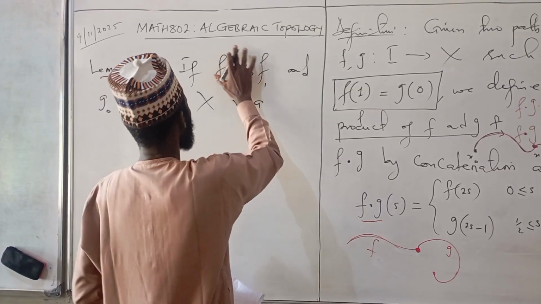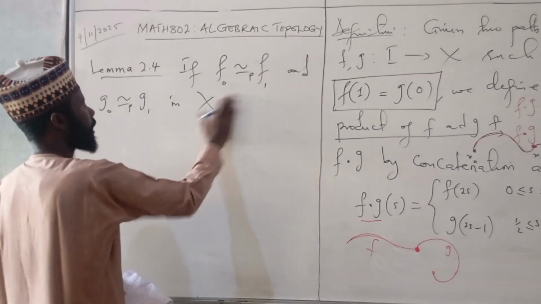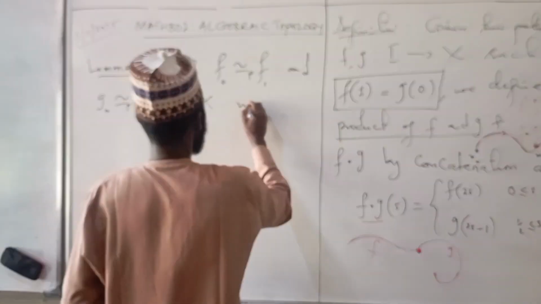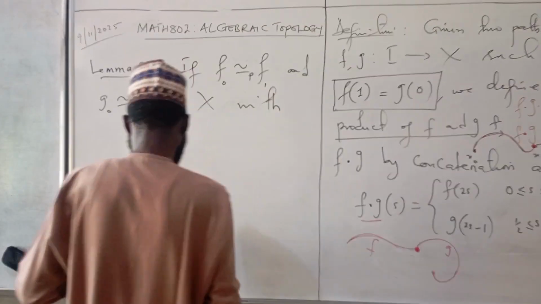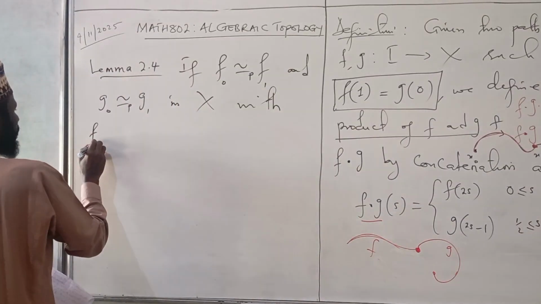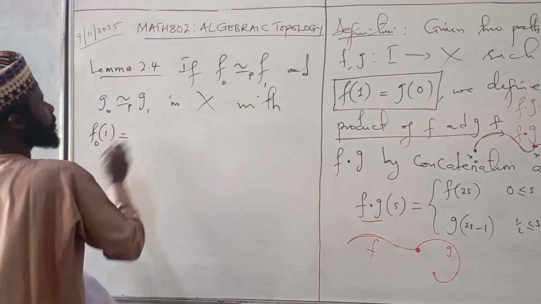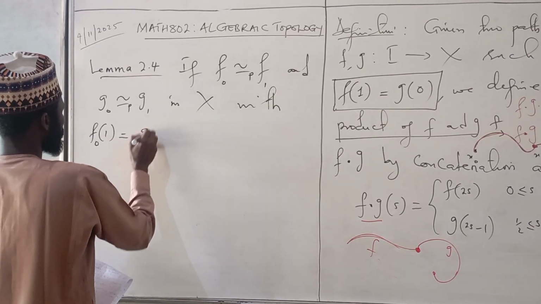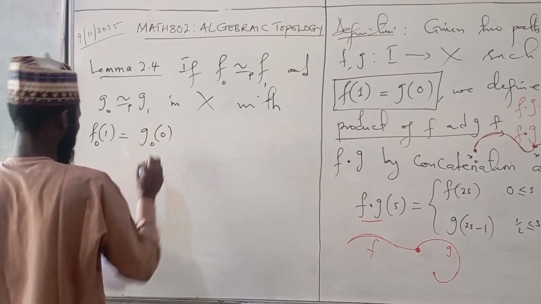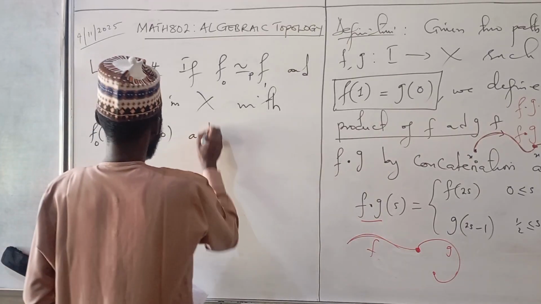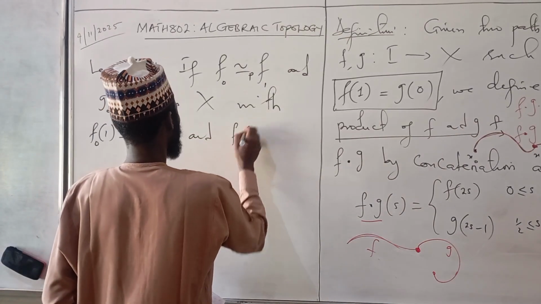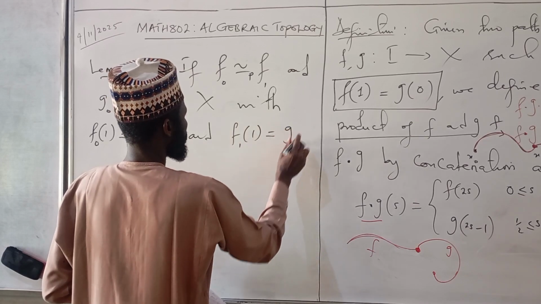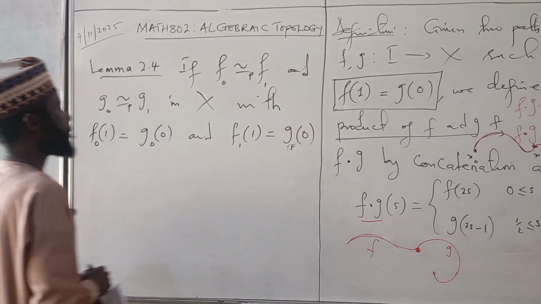And when you say path homotopy, such that f0 of 1 is equal to g0 of 0, and f1 of 1 is equal to g1 of 0.